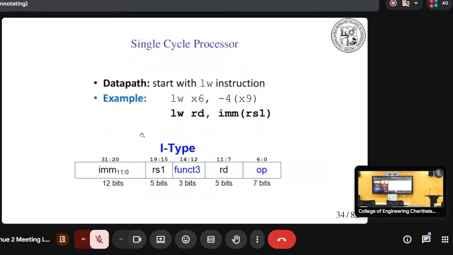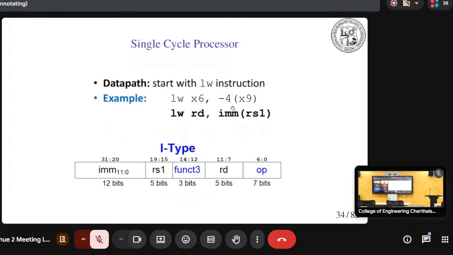In the instruction format, I have x6, which is a register, and x9, another register, and minus 4 is the constant. So this is an I-type instruction, and this is the formatting. I have an immediate, bits 31 to 20. And what is the need for immediate data?